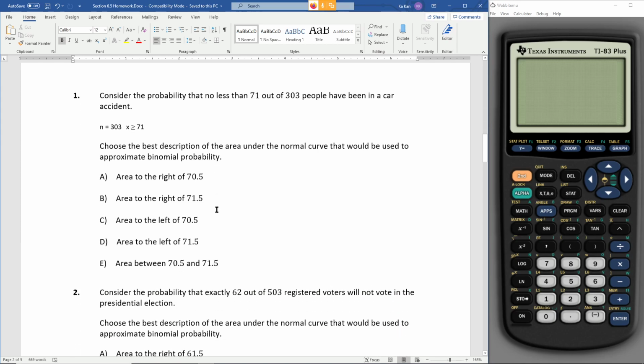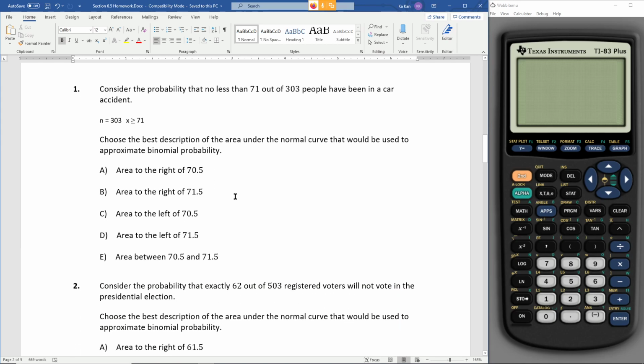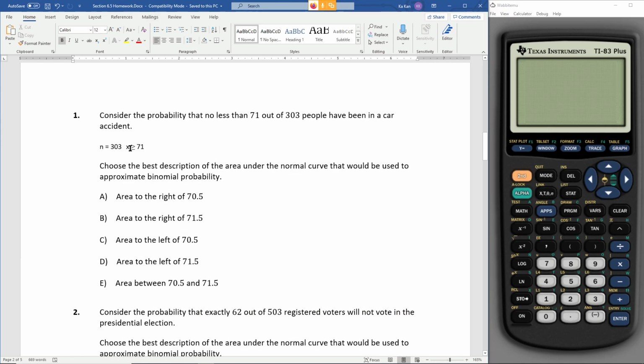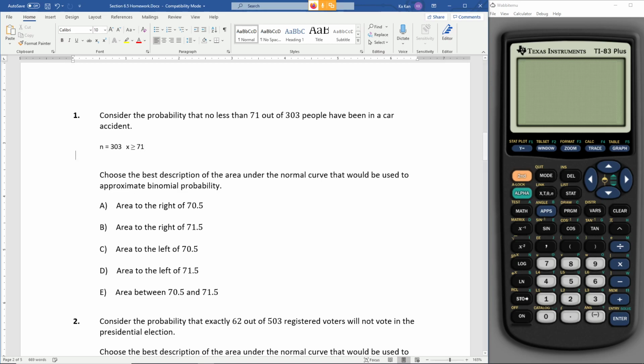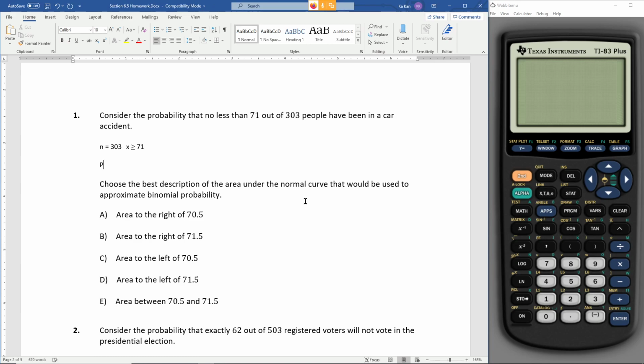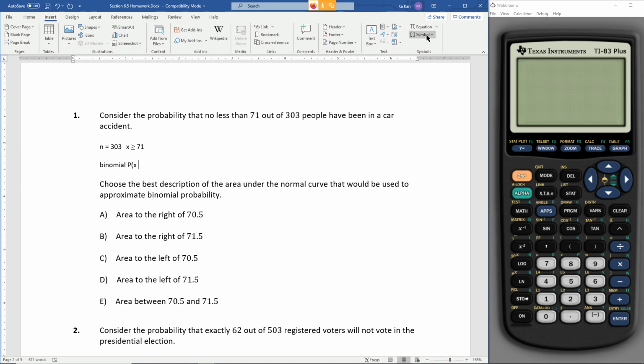We have to consider the probability, right? Where n equals 303. X is bigger than or equal to 71. So that's like this. There's like the binomial probability of x greater than or equal to 71. I wish there's a hard key for this. 71 equals, well, what does that mean?